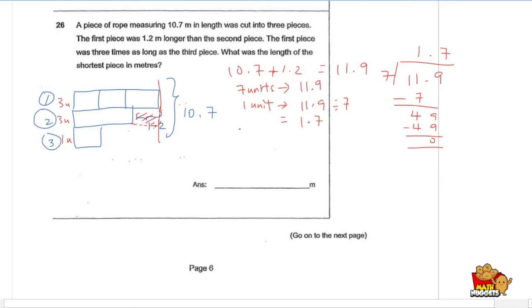What's the length of the shortest piece? So shortest piece is 1 unit, which is 1.7 meters.